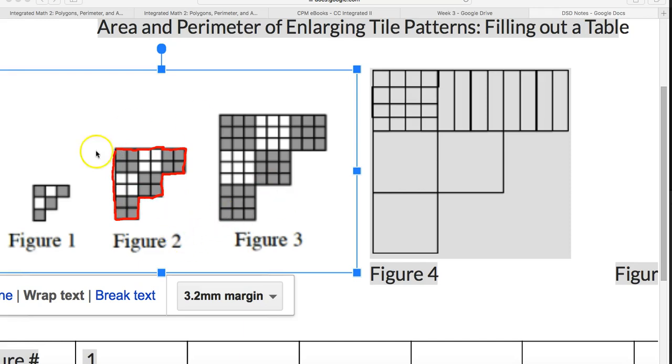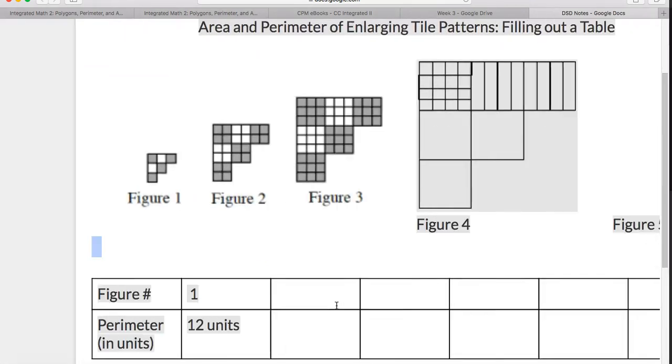So the second figure's perimeter is 24 units. So figure 2, 24 units.